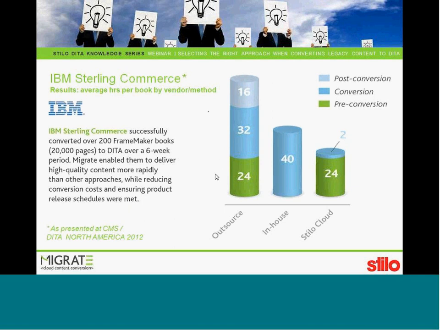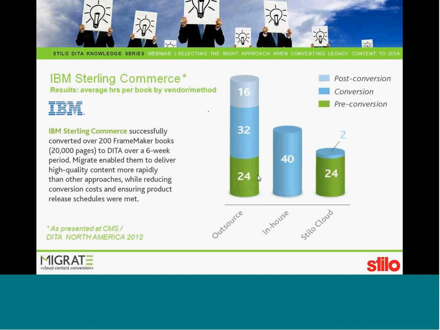comparing results by conversion method. Sterling Commerce had already been using an outsourced supplier, an outsourcing partner, before we arrived on the scene. They'd also been converting in-house using scripts, and then we came later, and they were collecting metrics on all of the different methods.